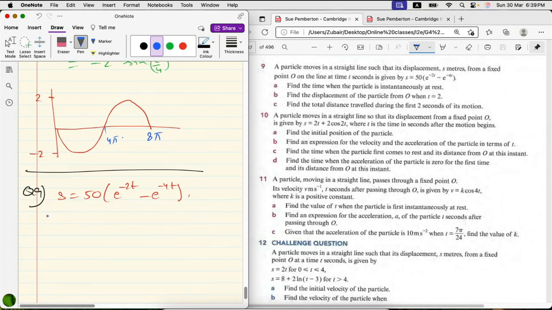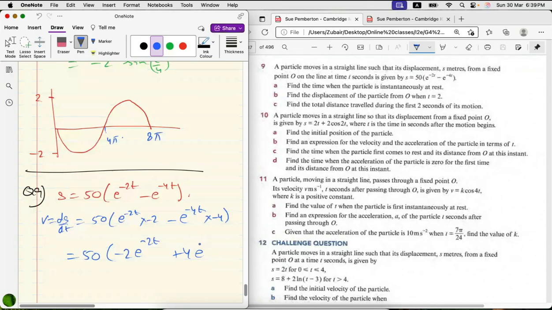So we need velocity, and velocity is the derivative of displacement. 50 stays there. Once as it is, into differentiation of the power, once as it is, into differentiation of the power. 50 times minus 2 e raised to minus 2t plus 4 e raised to minus 4t.